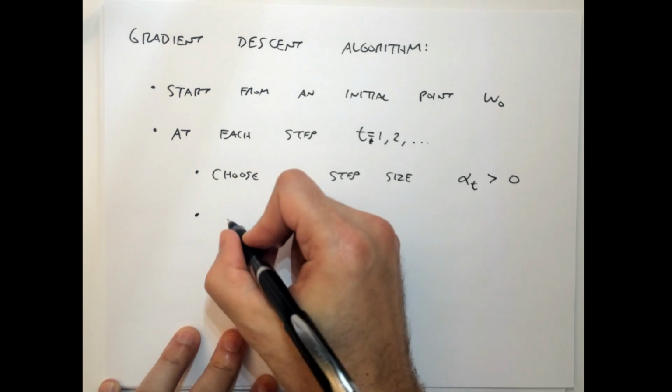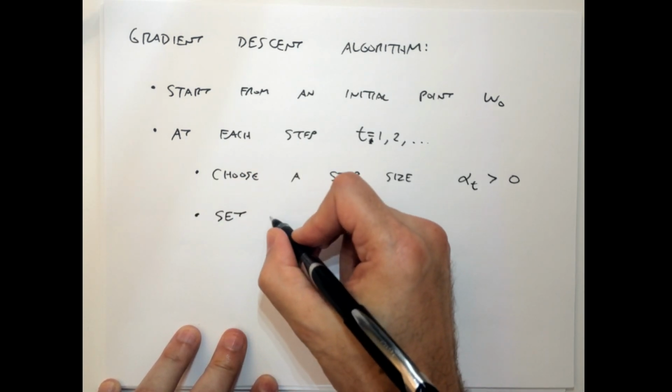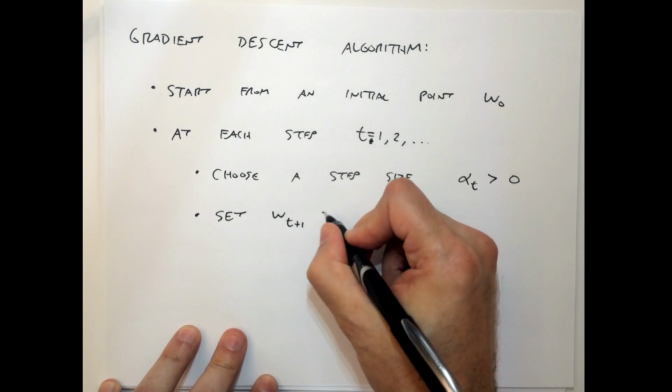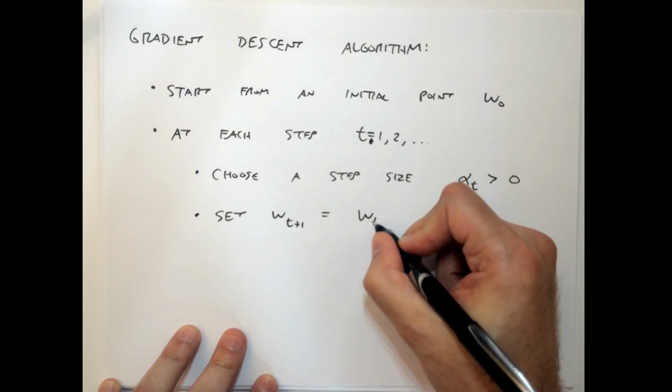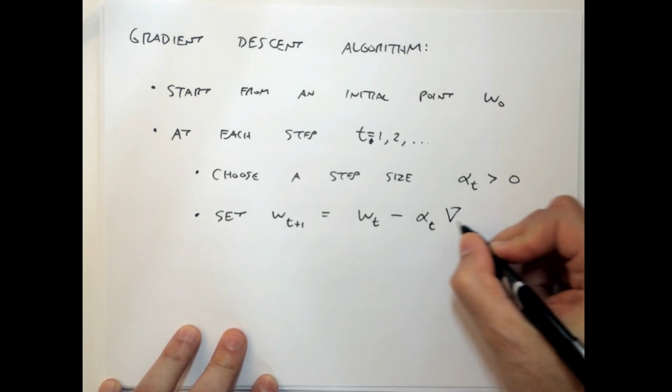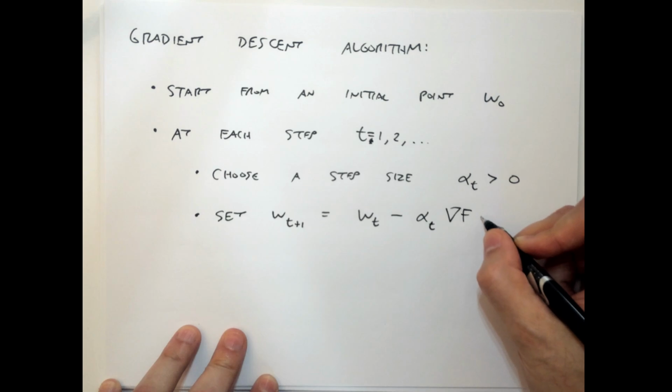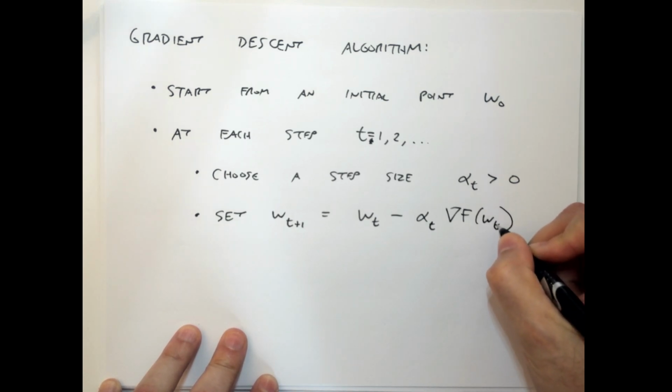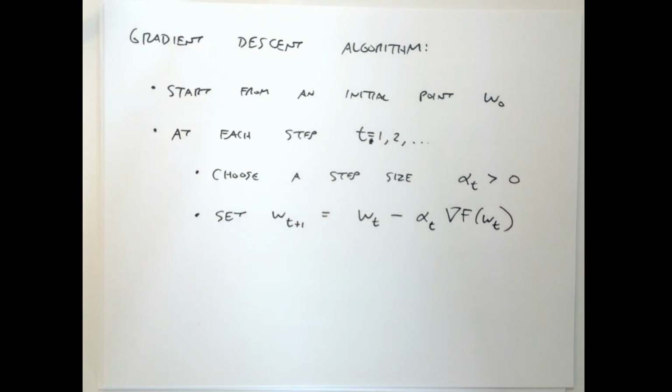And then we take my next estimate as where I was, taking a step along the negative of the gradient at that point. So alpha sub t is how much of a step I take, could be a small step, could be a big step, and the gradient is the direction that I'm going, okay? And so that's the simple idea.